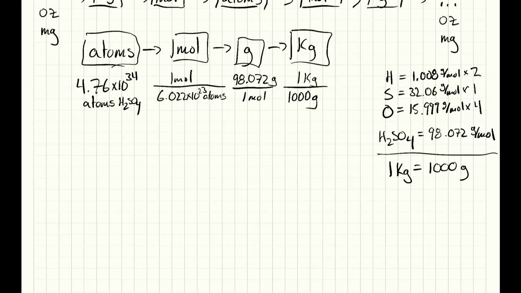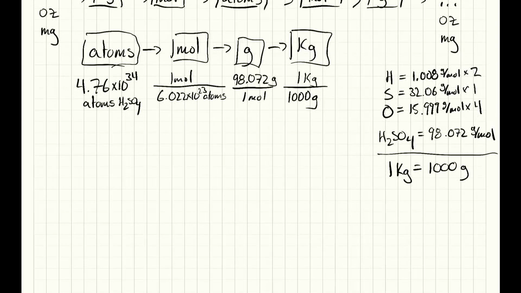So plug this into the calculator. 4.76 times 10 to the 34, big number, divided by 6.022 times 10 to the 23. And then we're going to multiply that by 98.072. So that's our molecular mass of sulfuric acid.